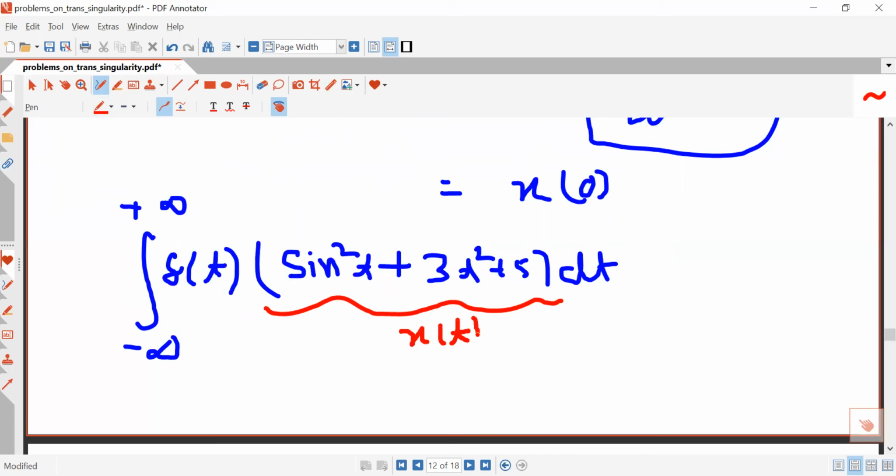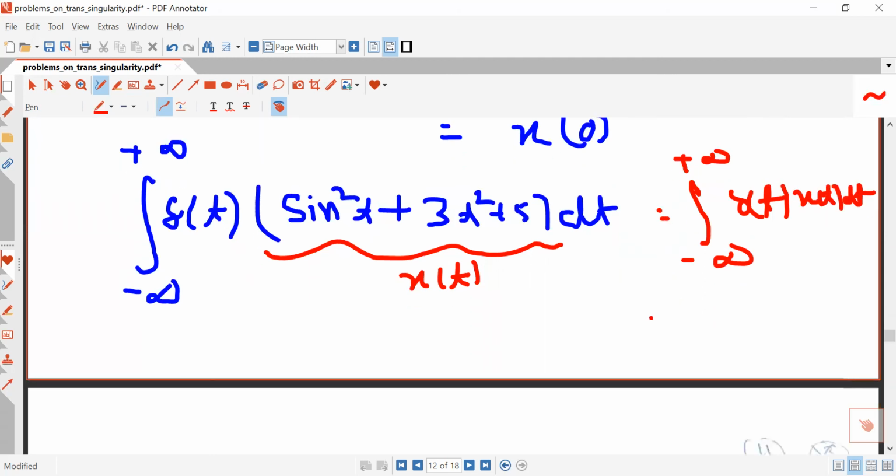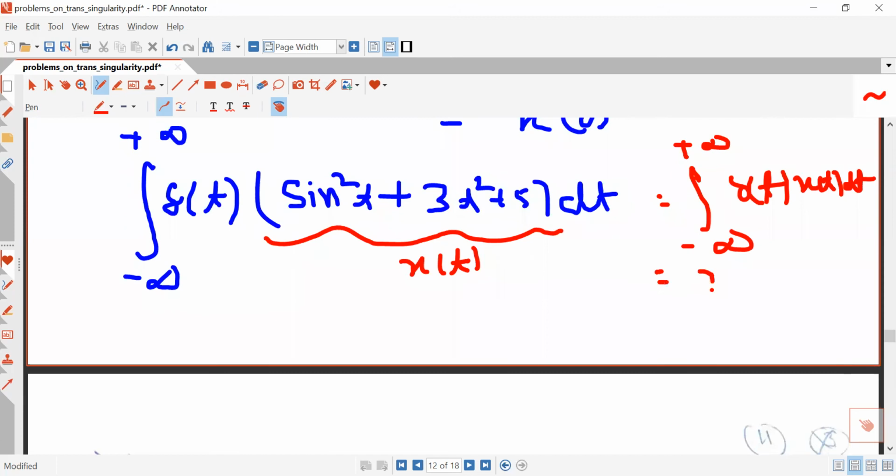So this integration will be minus infinity to plus infinity delta t x(t) dt. And according to the shifting property, this will be equal to x naught. So you have to substitute t equal to 0 in this expression.